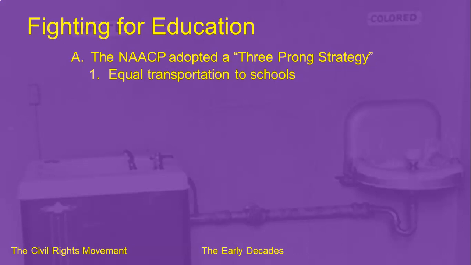Many schools in the South would have county schools, so the entire county is one school district. They would put one school for African Americans, which would be fine for the African Americans that lived near that school, but if you lived on the other side of the county and you were black, you had to be able to get to the school.